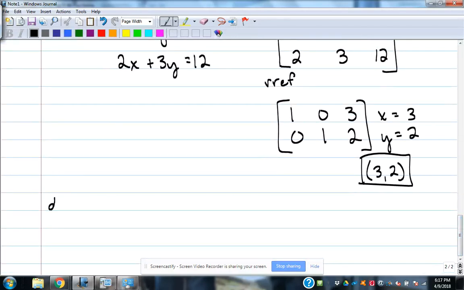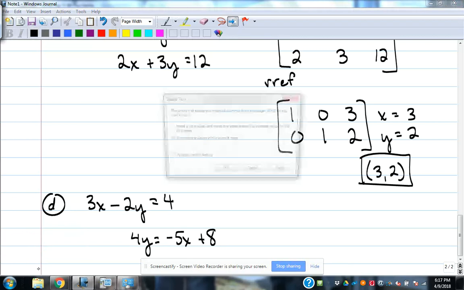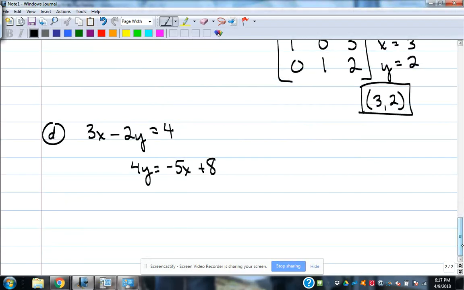Let's do an example where you would. We got 3x minus 2y equals 4, and then 4y equals negative 5x plus 8. So this one, if we're going to use the matrix utility to solve this, we need to get both equations in the right form.